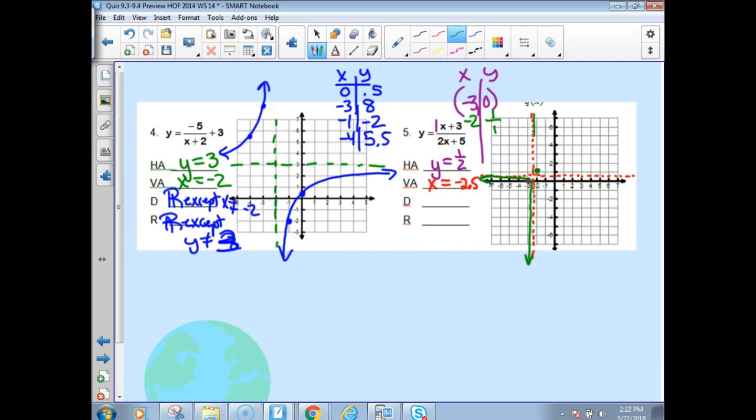That's about all I can get here. And then that's going to be running along its asymptotes as well. All right, so the domain's all reals except x can't equal -2.5. And the range is all reals except y can't equal 1/2.